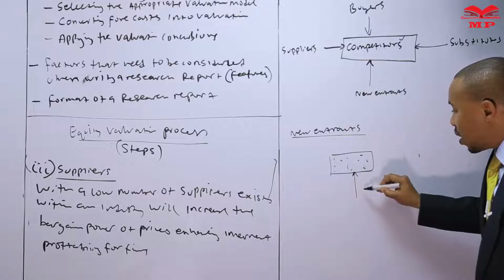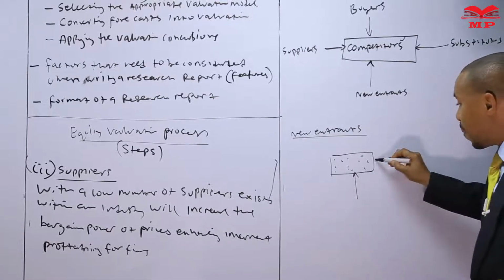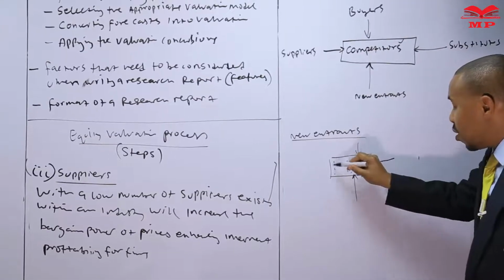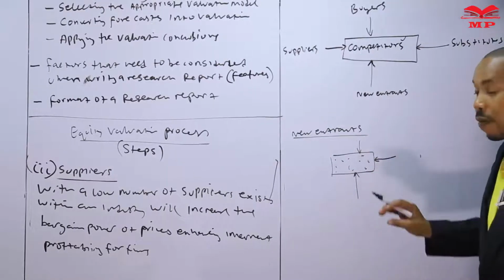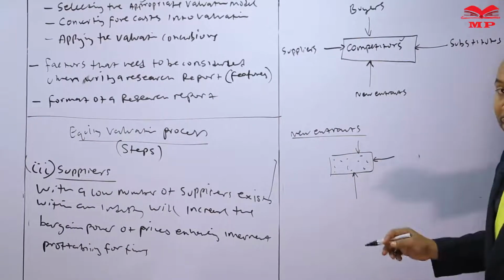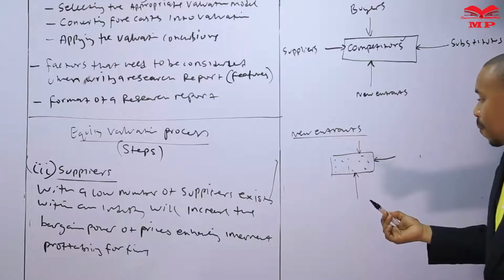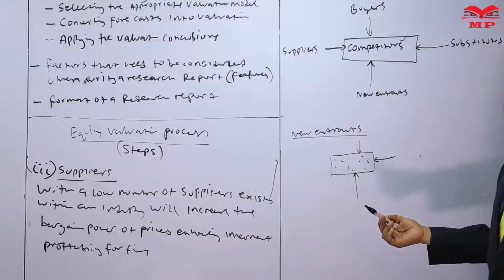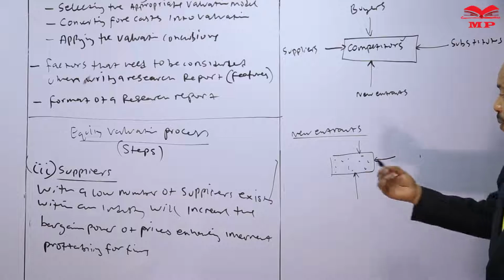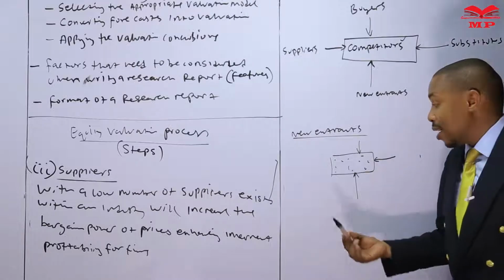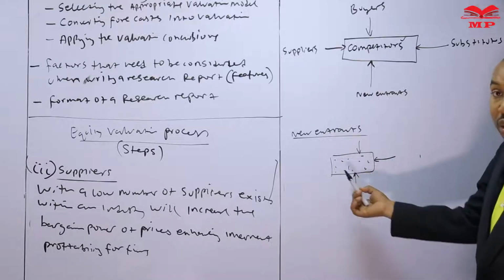If there are restrictions in form of government policy to enter the industry, it becomes problematic. It means that the firms that are existing within the industry will have that controlling power over the profits within that industry. If it's the banking industry, for example, like KCB, if there are few firms which control a significant market share, then because of the barriers to entry, you must have a lot of money before you can enter the banking industry. That will restrict the profit potential to the players within the industry.